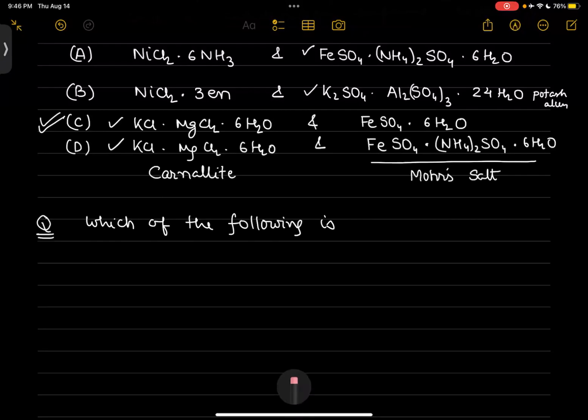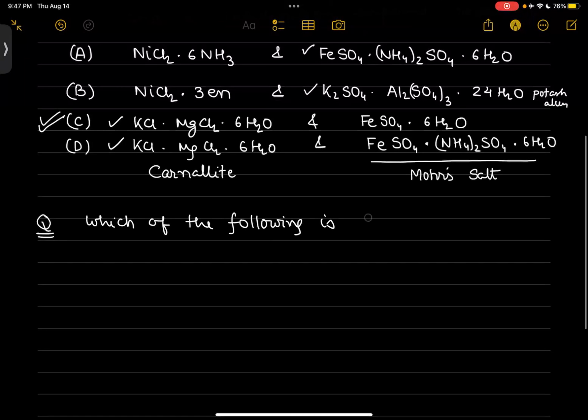Which of the following is not an ambidentate ligand?